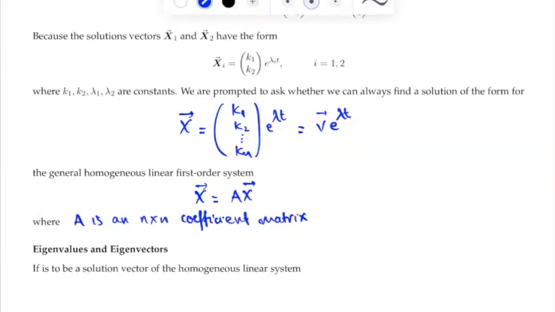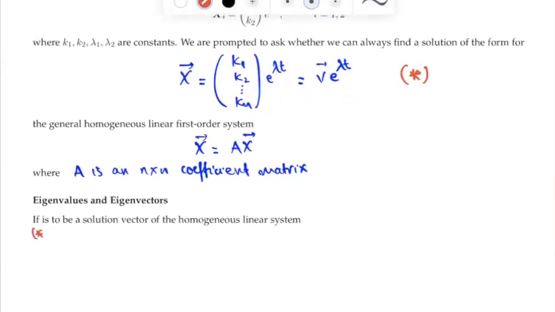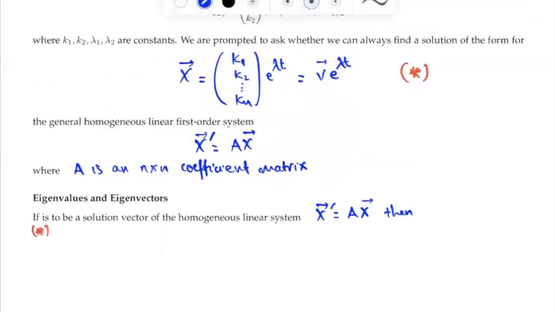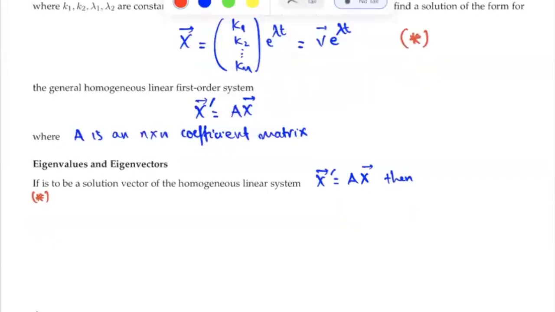Now I'm going to name this formula star. So if equation star is to be a solution vector of the homogeneous linear system x prime equal to A times x, then instead of only x on the right-hand side, what you do is take the derivative on both sides of star.